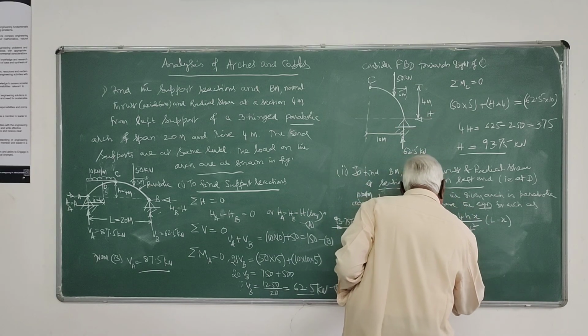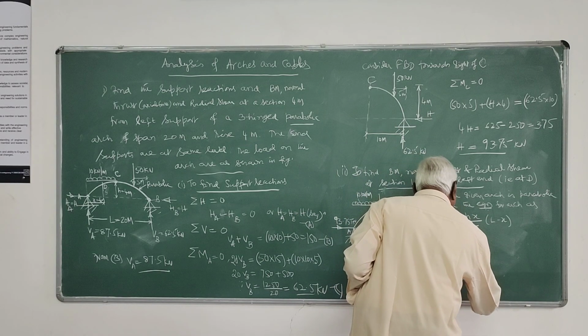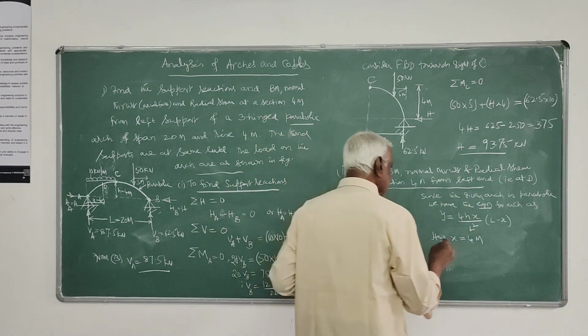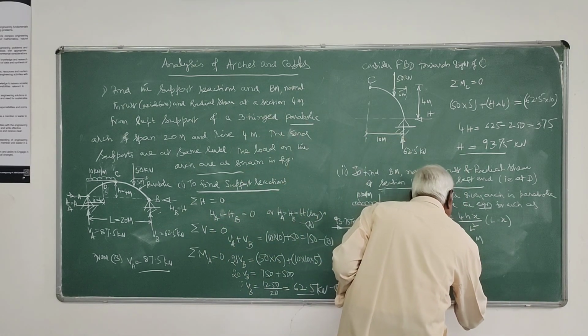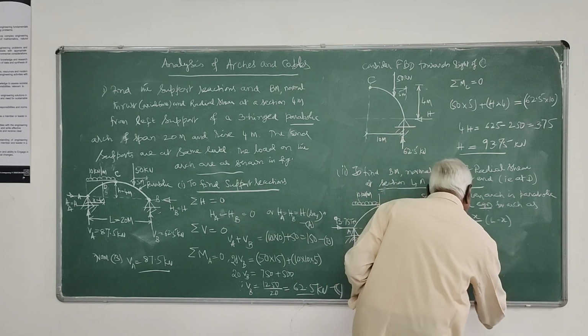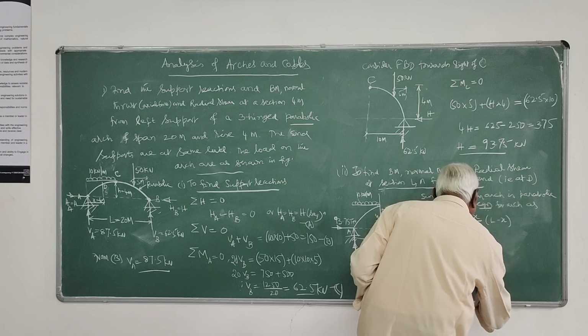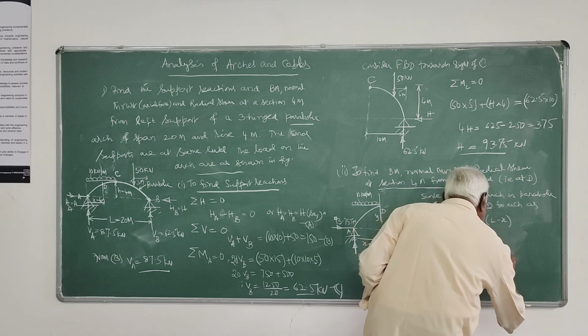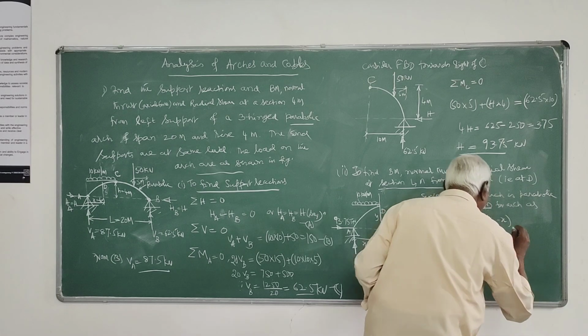Here X is equal to 4 meters. At X equal to 4 meters, this Y is given by 4 into H, which is also 4, into X, which is 4, divided by L square, that is 20 square, into 20 minus 4.